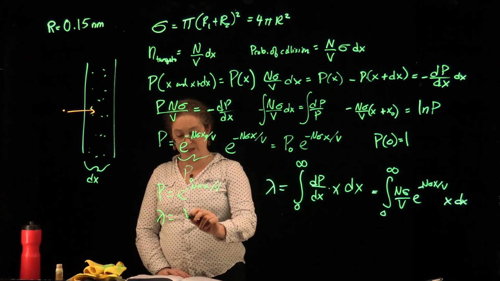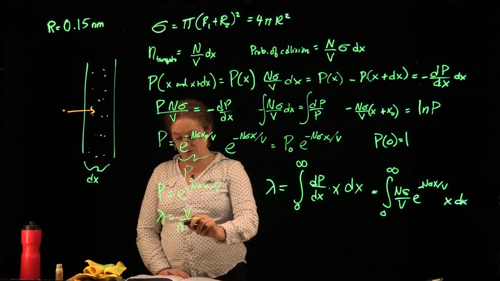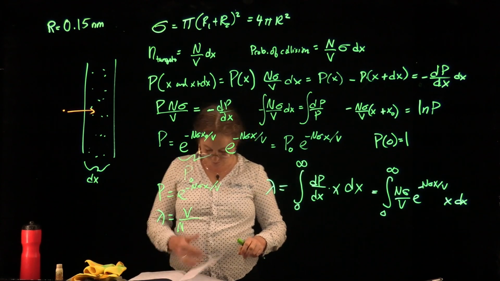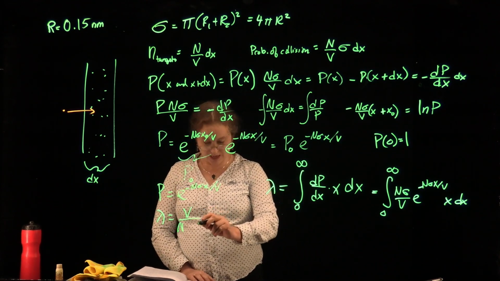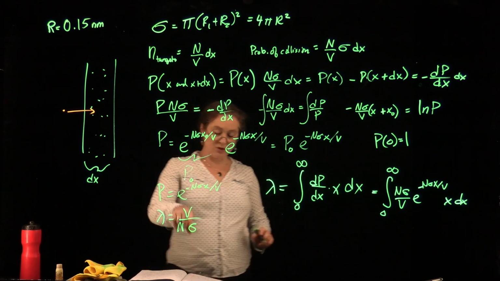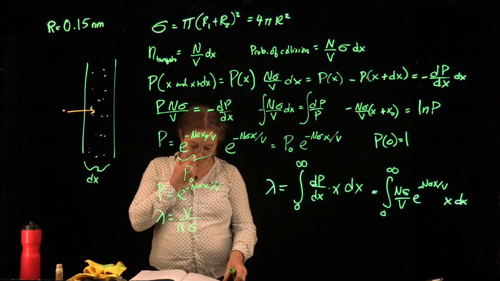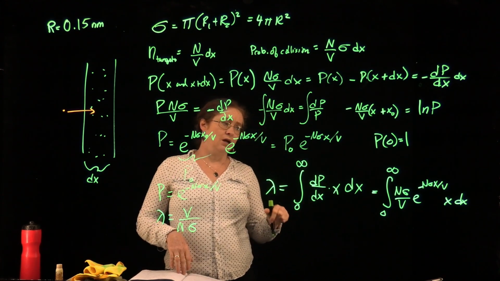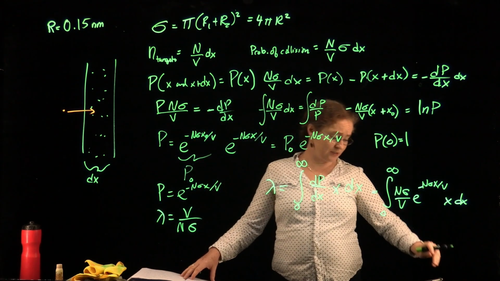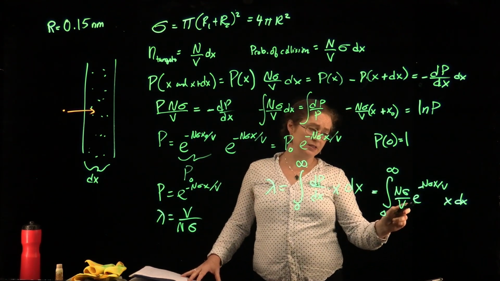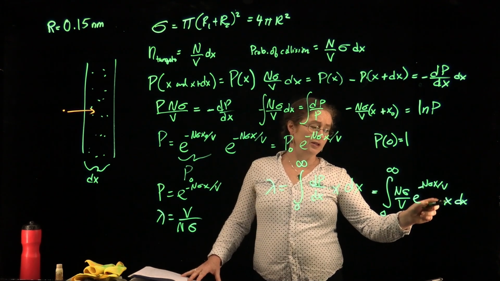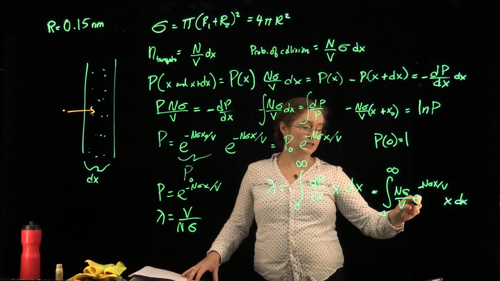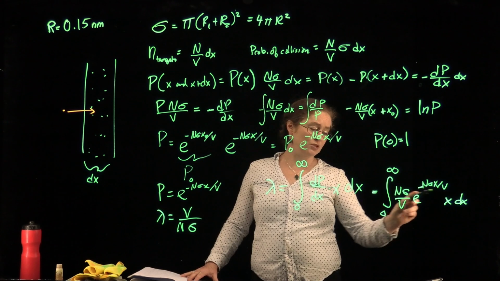And then we do the integral, and there's a variety of different ways to do this. It ends up being v over n sigma. How did I do this? I honestly just looked it up in an integral table. The way you would do this if you had to calculate it by itself would be integration by parts, not u substitution.